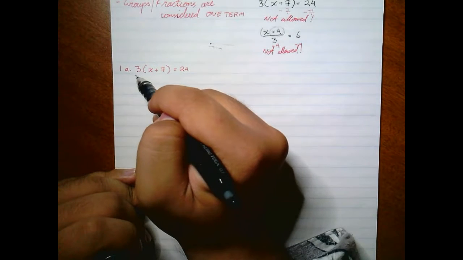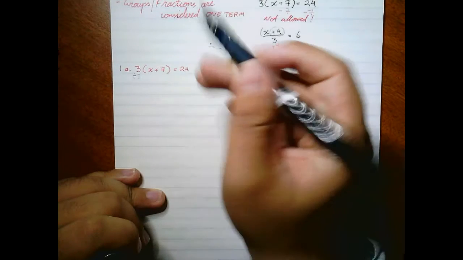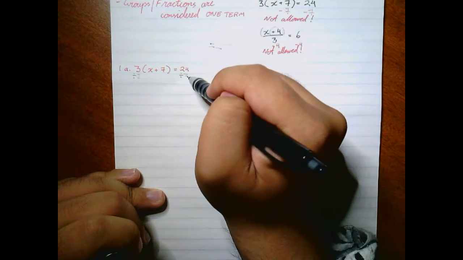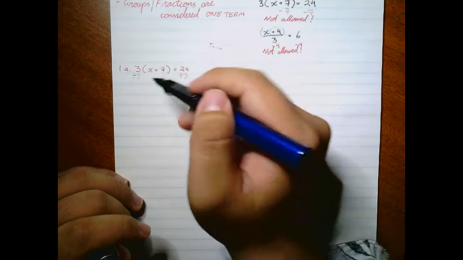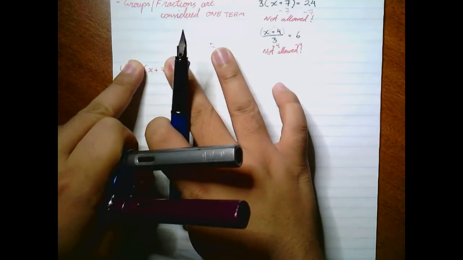The inverse operation of this is dividing by 3. This will result in that 3 going away, which leaves us with this group here.